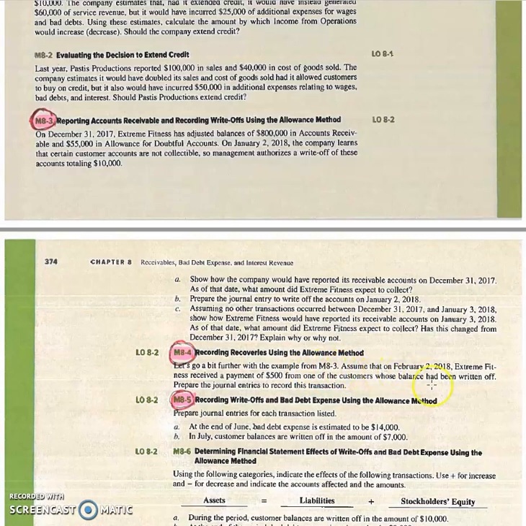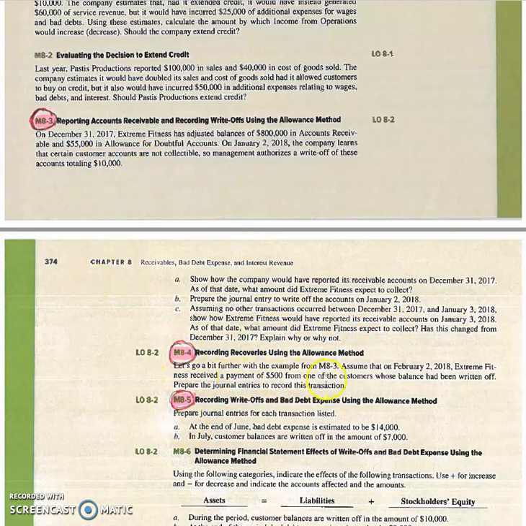Assume that on January 2nd, 2018, Extreme Fitness received a payment of $500 from one of the customers whose account balance had been written off. Prepare the journal entries to record this transaction. So there we have a $500 collection of one of these accounts, this $10,000 of accounts that were written off.